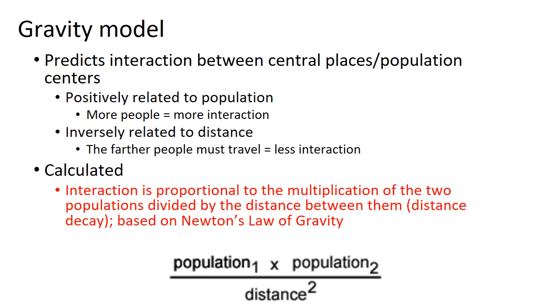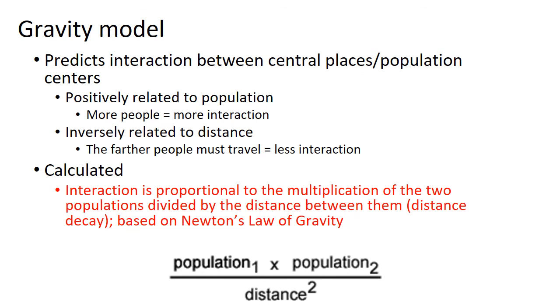Jerusalem or Mecca, these religious sites, right, attract people from all over the world way out of proportion with their distance to those places or their population size. Government centers like Washington, D.C., cultural destinations, etc. All those things kind of distort the predictions of the gravity model. But for the most part, in most cases, the basic theory is going to apply.